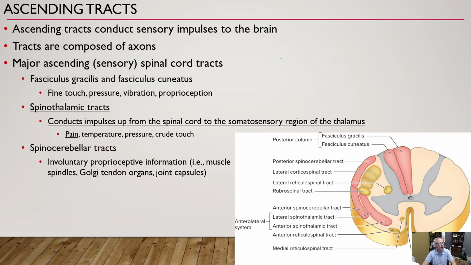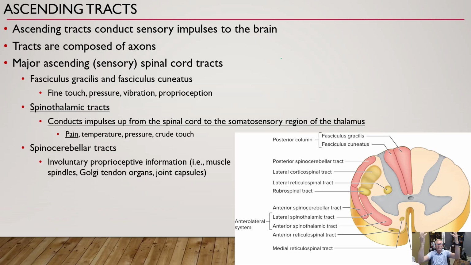All right, we also have ascending and descending tracts that go up into the brain from the spinal cord and back down again. So ascending tracts, if you think about it, they're going to make sense. Ascending tracts that go into the brain carry sensory information.